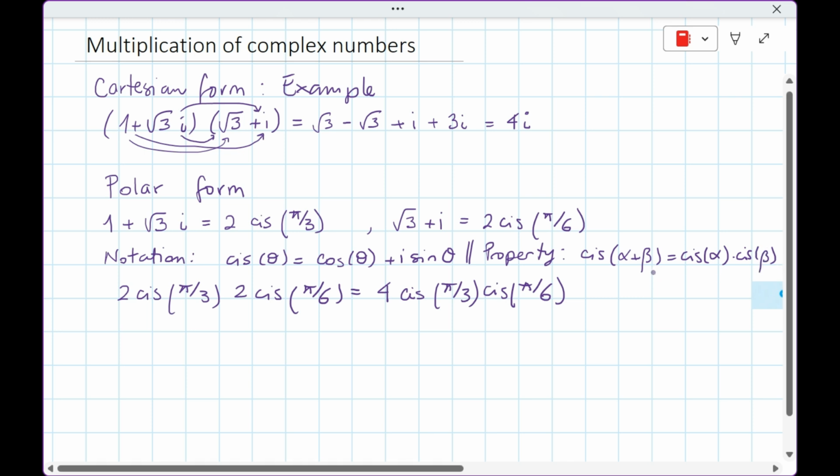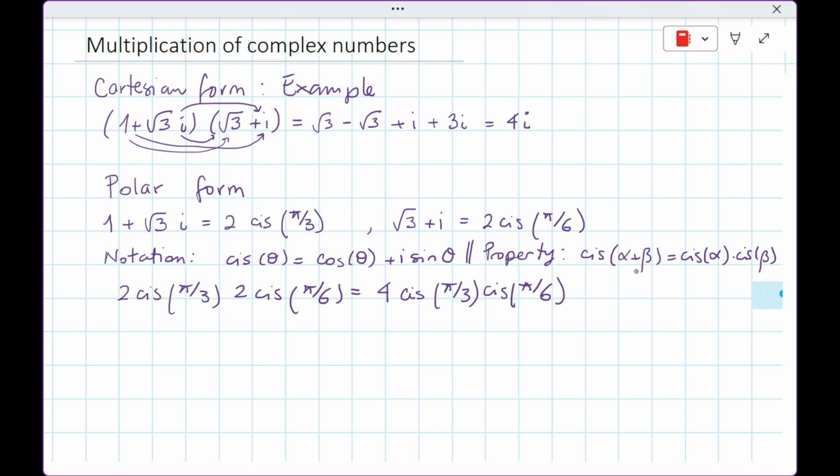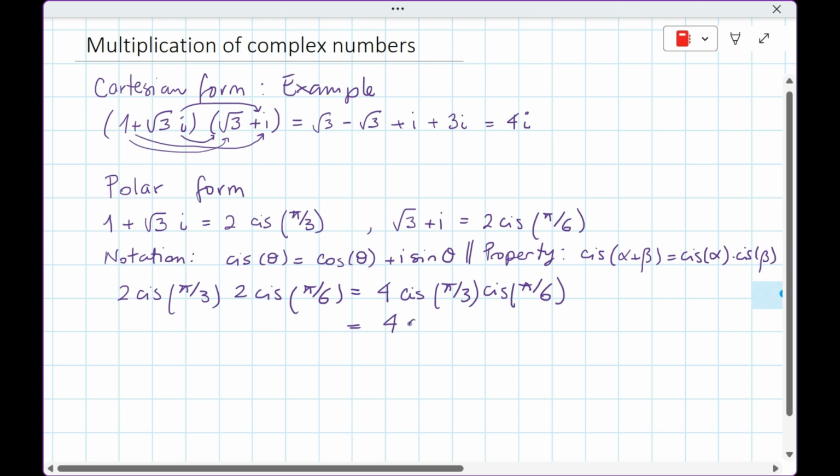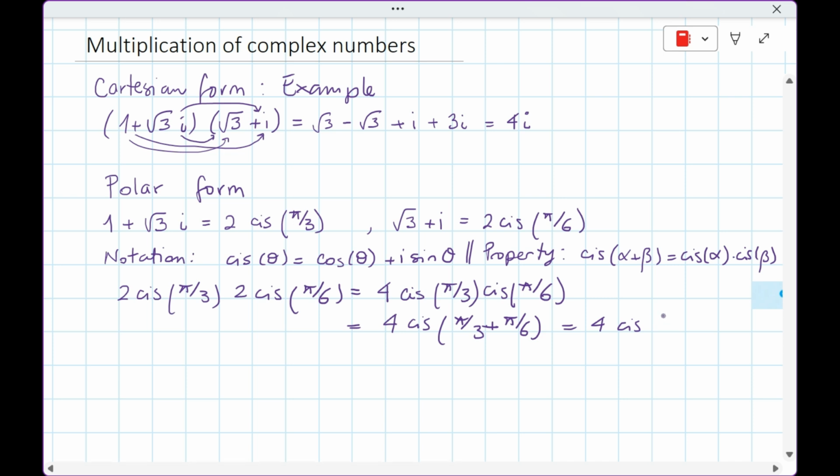We're saying that if we want to multiply cis of two angles, we can find cis of the sum of the angles. And this is what I'm going to use over here. So I'm going to write that this is 4 cis of pi over 3 plus pi over 6, that's just pi over 2.